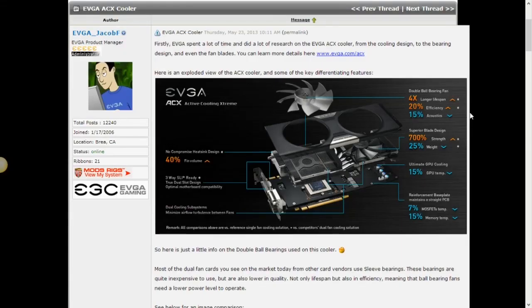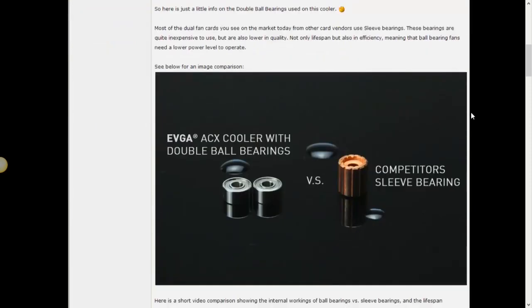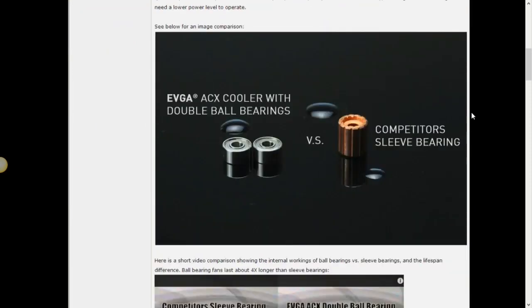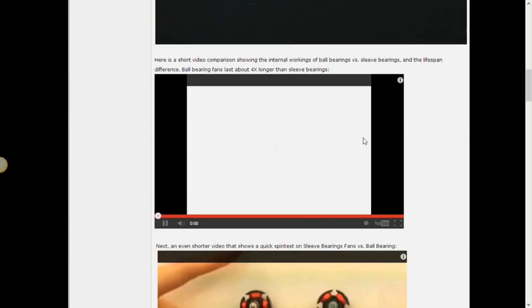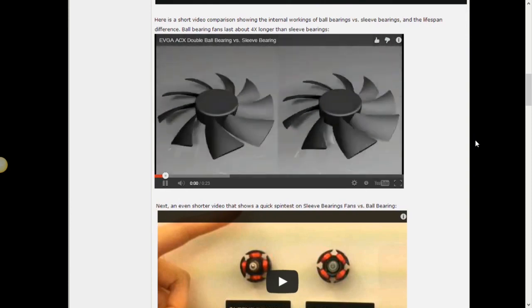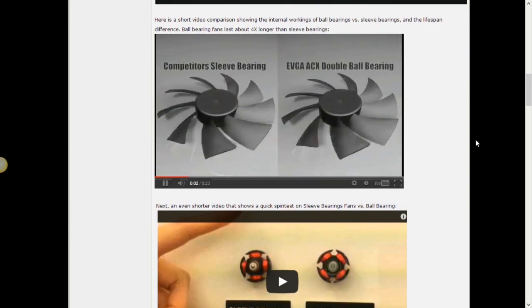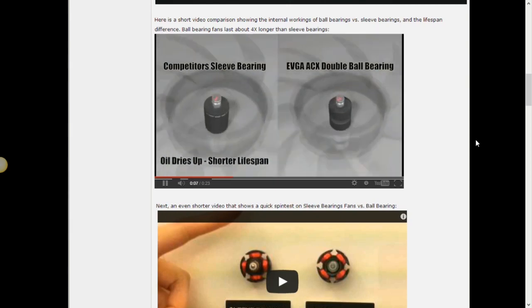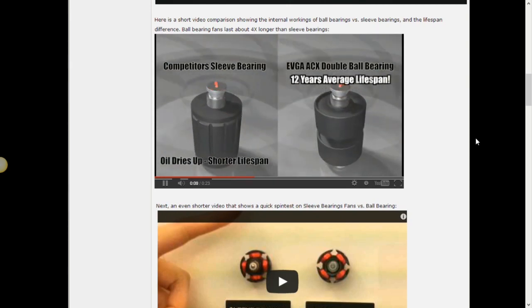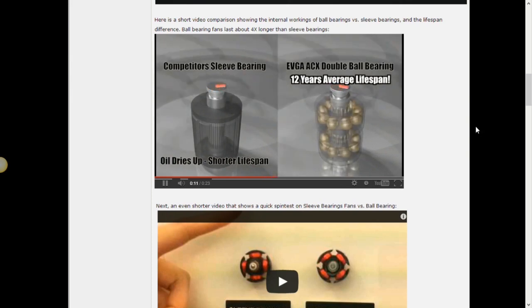All right. But I did bring up this picture, by the way, that I'm scrolling down. Oh, there are the bearings. Ooh, double ball bearings. Oh man, double ball bearings. Look at the spinning. Oh my god. I bet they're saying, oh, the oil dries up. Shorter lifespan, 12 years average lifespan. Look at those bearings.